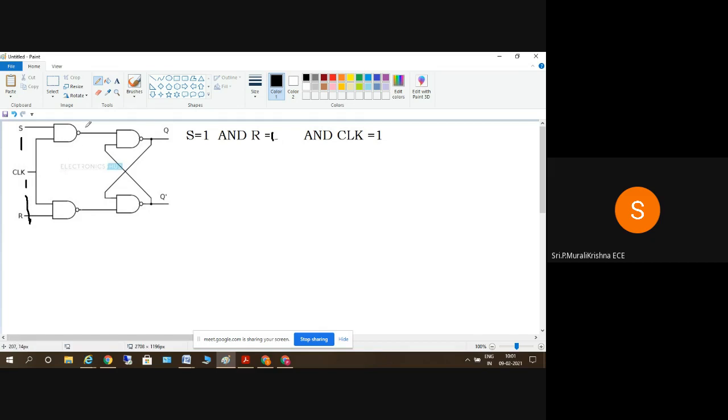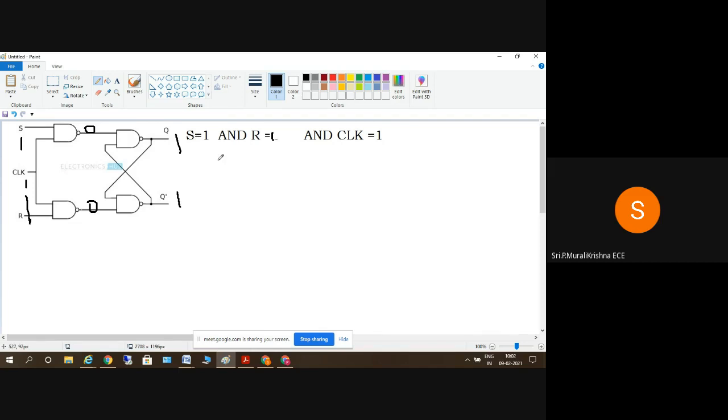When both are 1, these are equal to 0, 0. When one of the inputs of the NAND gate is 0, the output is 1, so this is 1 and this is also equal to 1, which is not possible. Hence it is a forbidden state. Okay, so these are the 4 cases here.